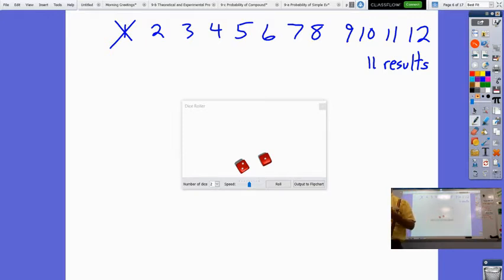Does it happen the same amount as other numbers? Is there an equal chance of getting each of these numbers on 2 dice? No.